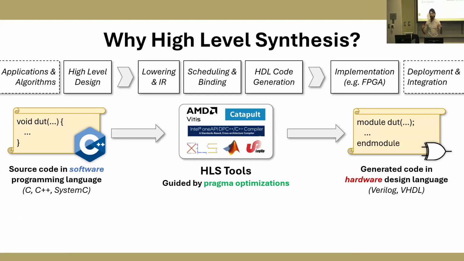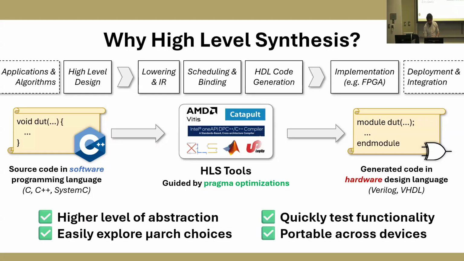And in this lowering process, there are special steps specific to high level synthesis that let you parallelize the algorithm, like partitioning arrays, unrolling loops, pipelining functions, and so on, right? And so that's kind of why we use high level synthesis.